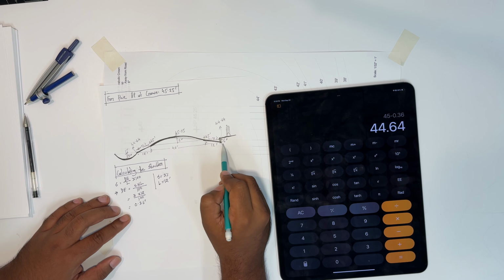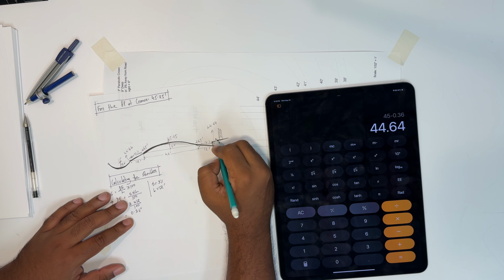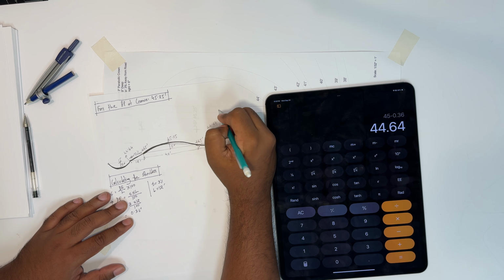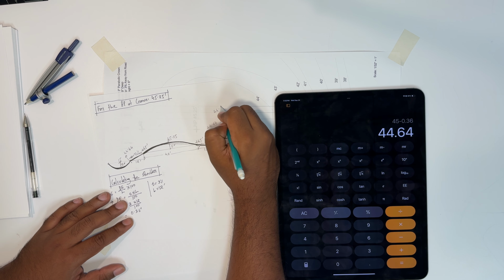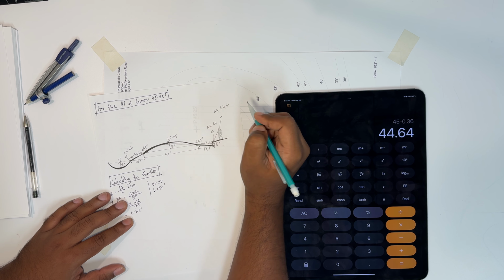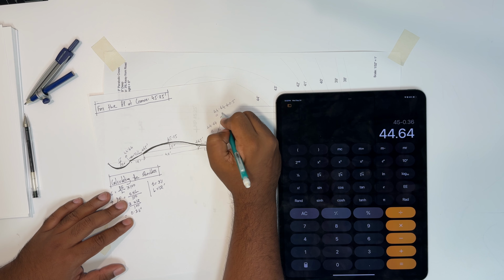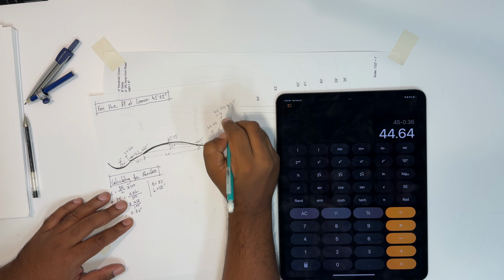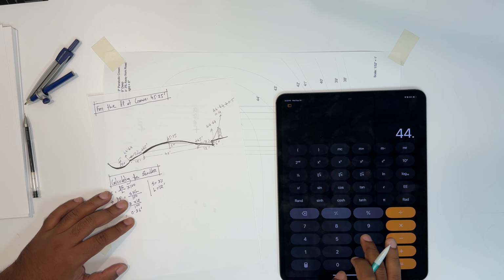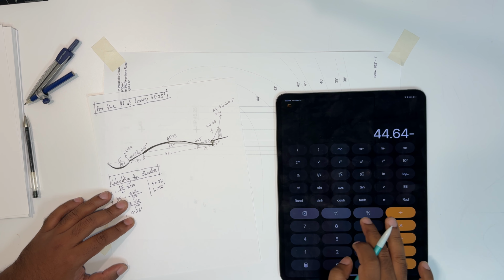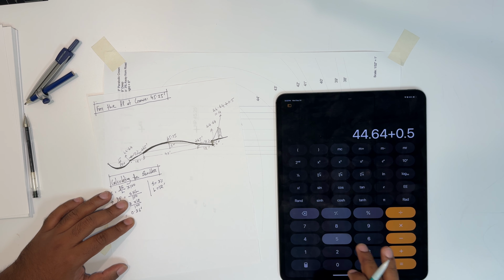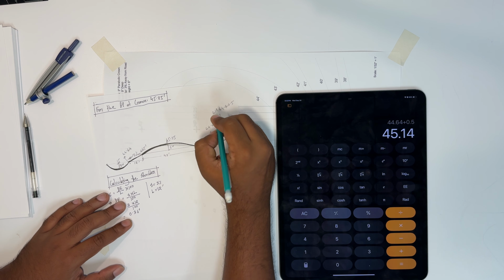Now it's easy for the pedestrian. This is going 6 inches up. That means 0.5 feet up. So here the point will be 44.64 plus 0.5, which is 45.14.